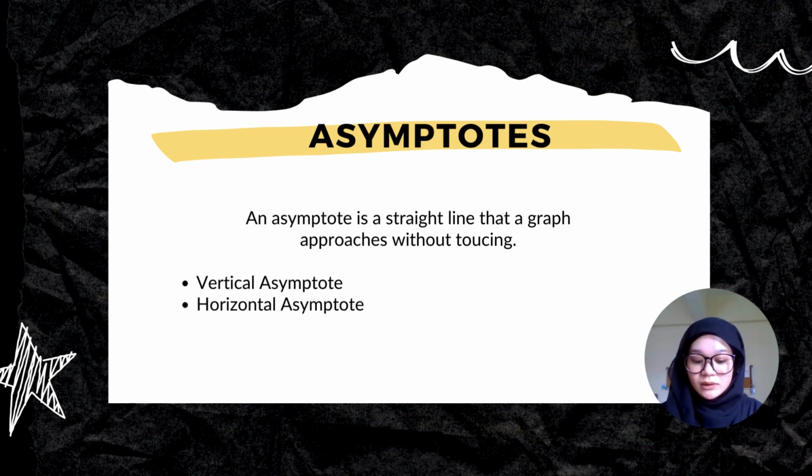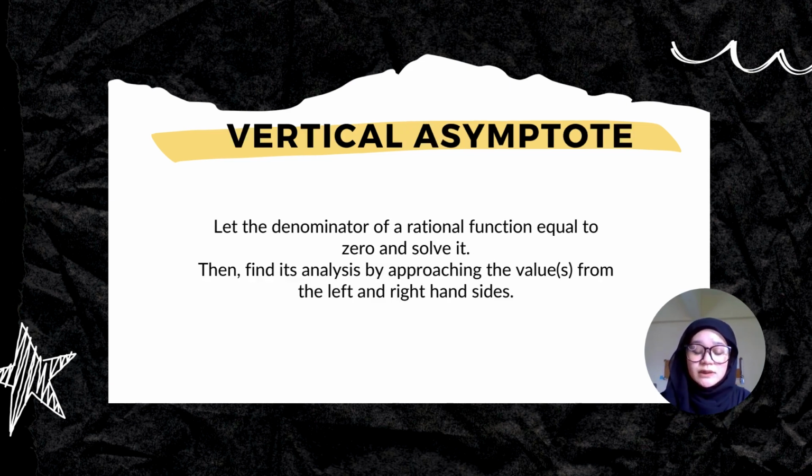First, we need to find the asymptote. An asymptote is a straight line that a graph approaches without touching. In a rational function, there are two kinds of asymptotes, which are the vertical asymptote and the horizontal asymptote. For the vertical asymptote, let the denominator of the rational function equal 0 and solve it.